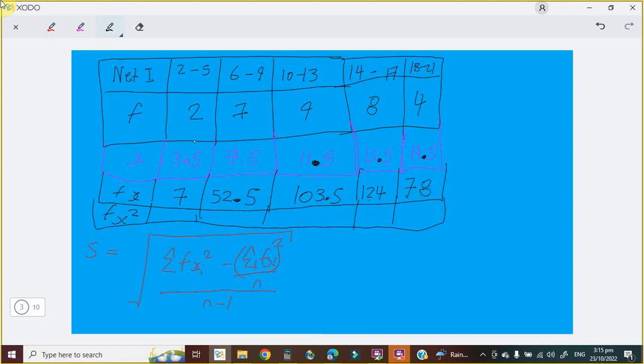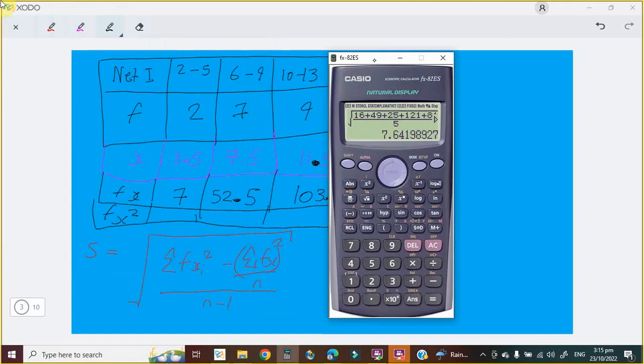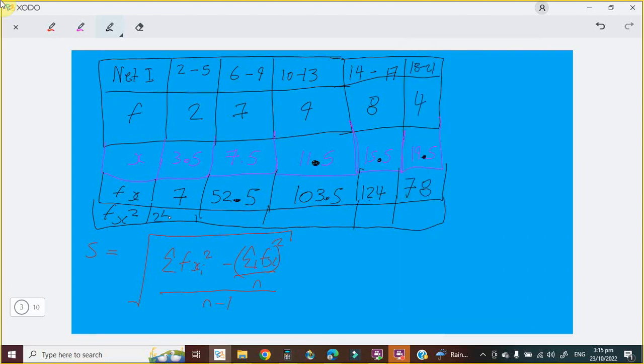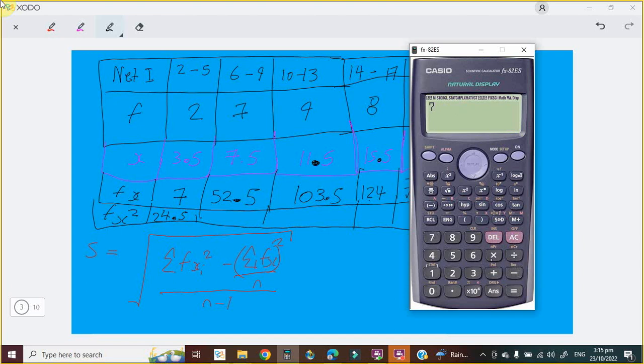Now you need fx squared. So you work out x squared, 3.5 squared, then you multiply it by f. So in this case, just to show you, 2 multiplied by 3.5 squared, bam, you get your 24.5. The next one, frequency being 7, 7 times 7.5 squared, we'll end up getting 393.75.